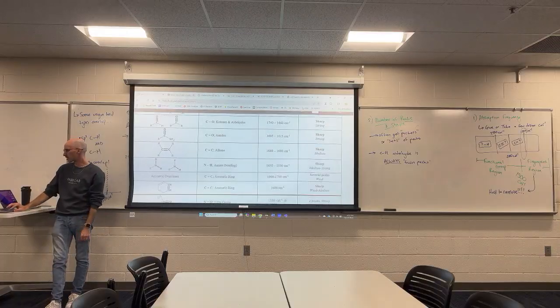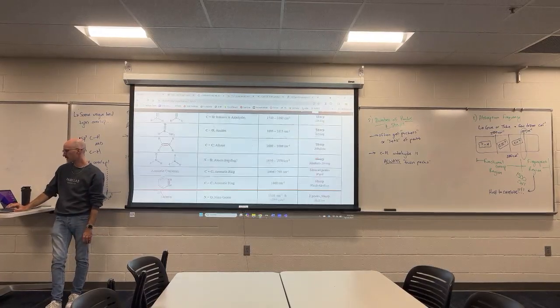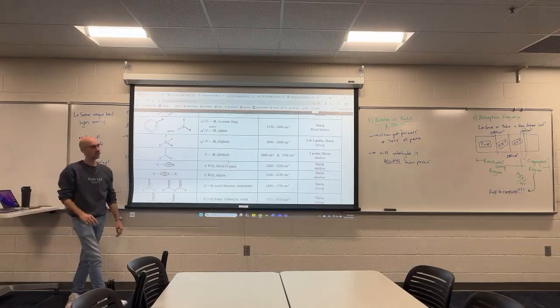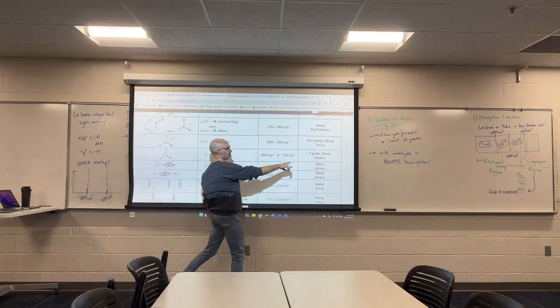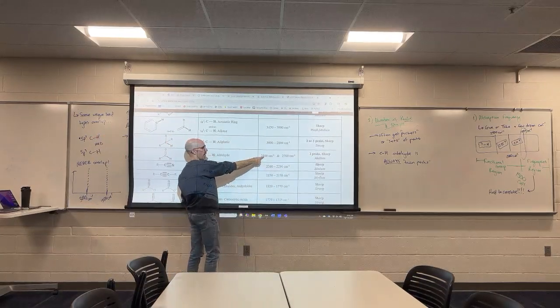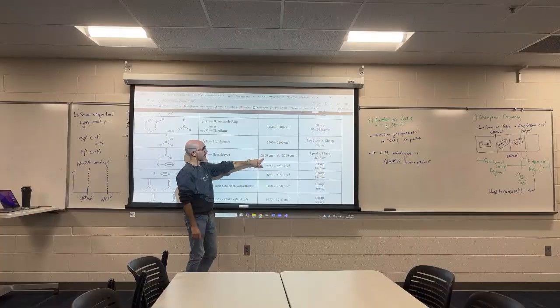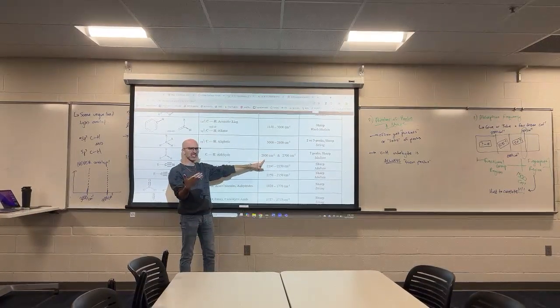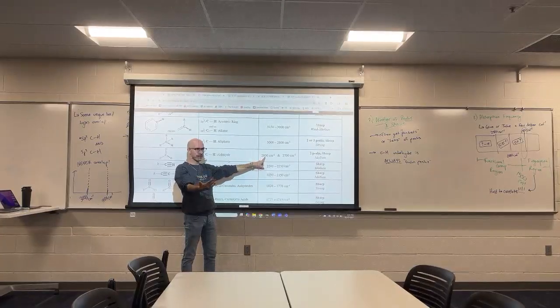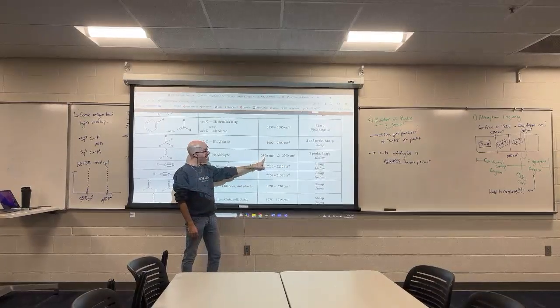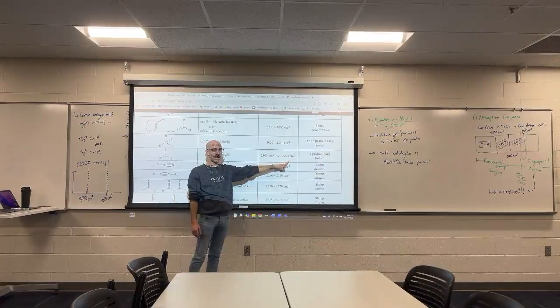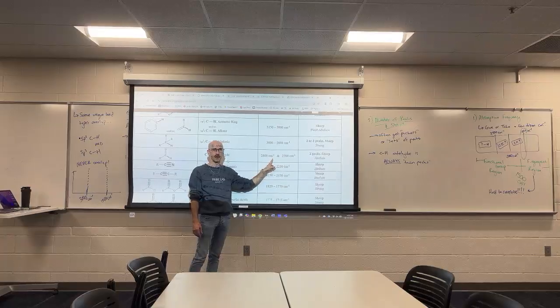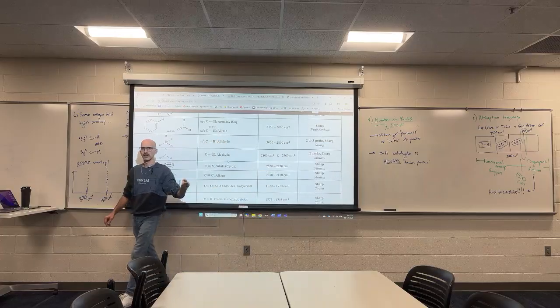Looking at my correlation table, the CH of the aldehyde absorbs twice, 2 peaks, sharp, one at 2800. That is the bottom of the aliphatic range. So if it's at 2800, it might not actually be the sp3CH. And its twin at 2700. So if both are there, the signal at 2800 is definitely not part of the aliphatic. It's a part of this set.